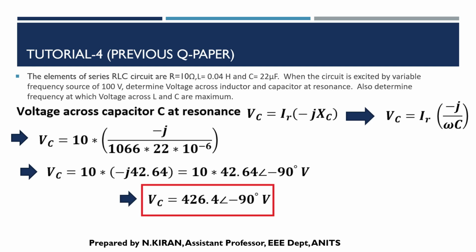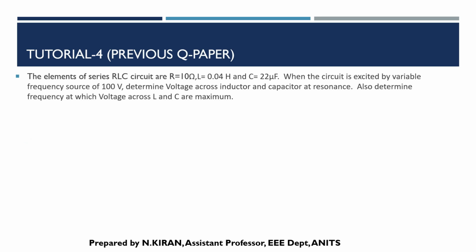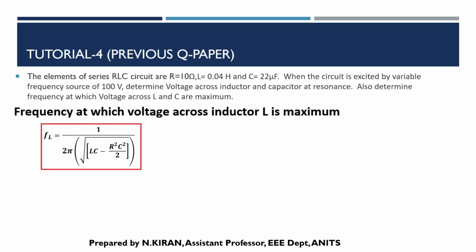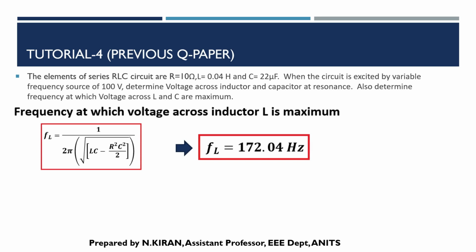Next, we have to determine the frequency at which voltage across inductor and voltage across capacitor are maximum. We all know the expressions which are derived in my previous lectures. Frequency at which voltage across inductor is maximum as well as the voltage across capacitor is maximum.